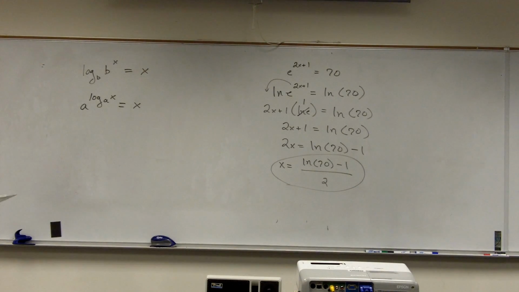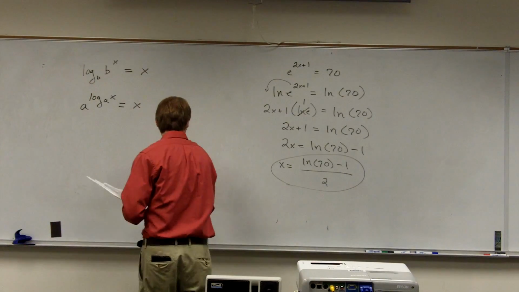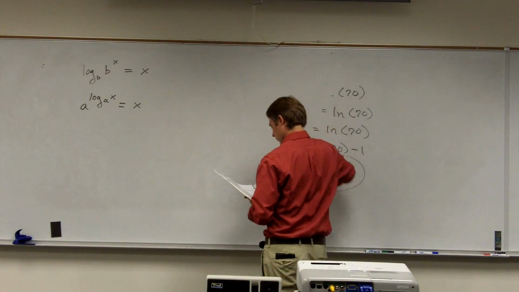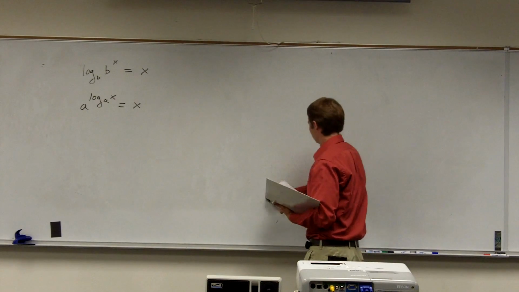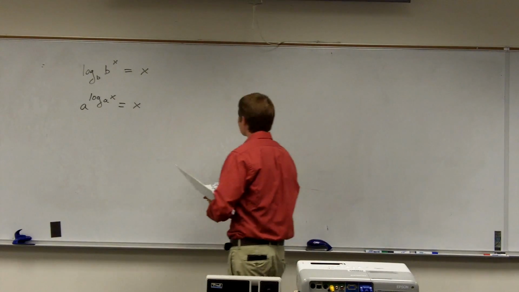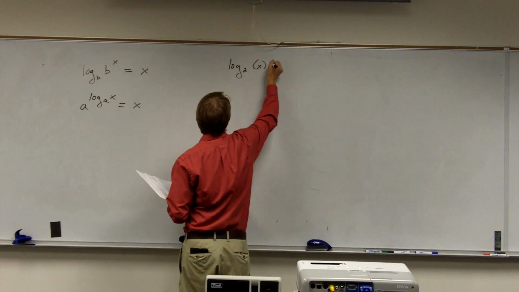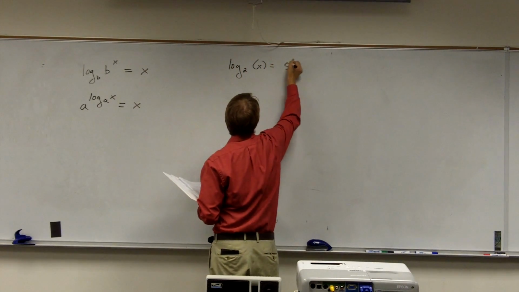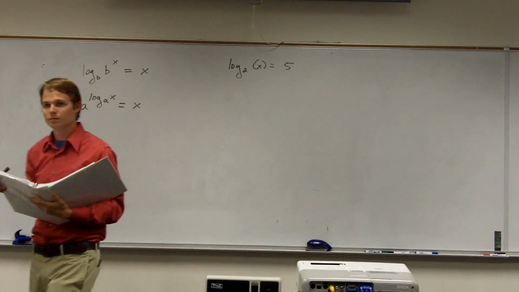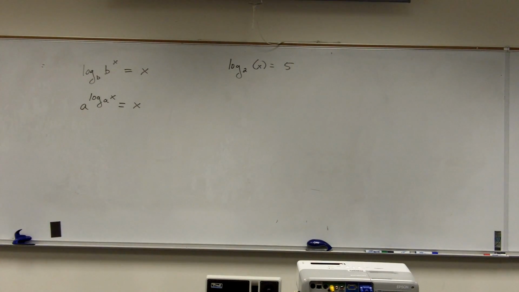So for example, log base 2 of x is equal to 5. Well, in this case, in the equation, I can just take both sides as a power of whatever I want to. So what's probably the smart power here?